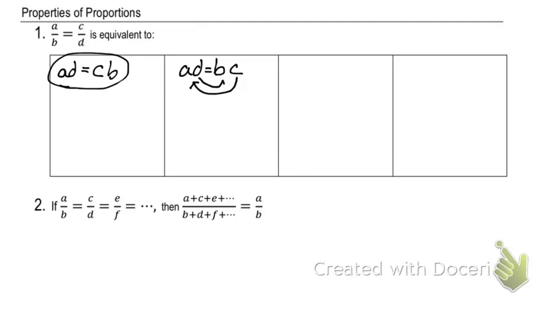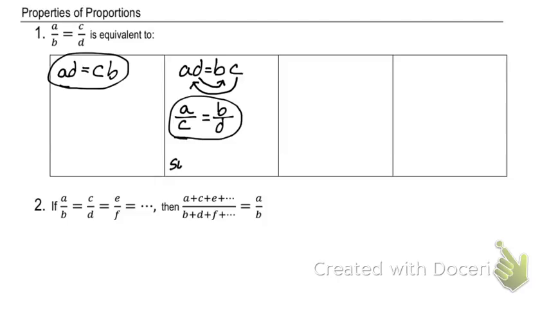I could take this D and throw it under there. So we are going to also have A over C equals B over D. No, I did that right. I just want to make sure I got all my letters the same.